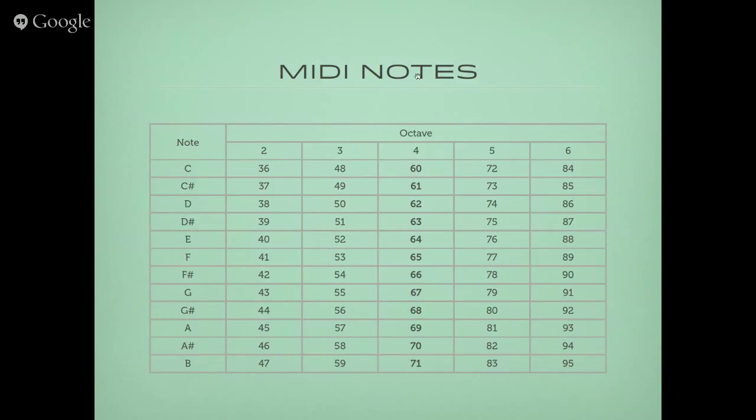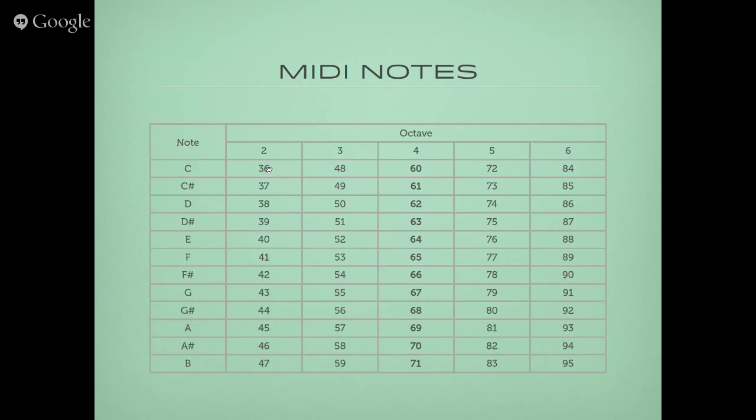SonicPi is built on creating music with MIDI and throwing MIDI notes into a sequencer. This is kind of how MIDI notes and standard music notation work. You basically have all of your different notes, the 12 different notes, and then you have different octaves or ranges that they play, okay?